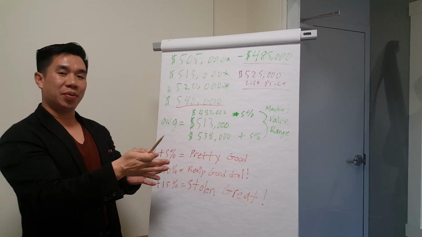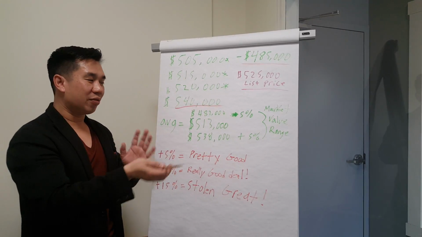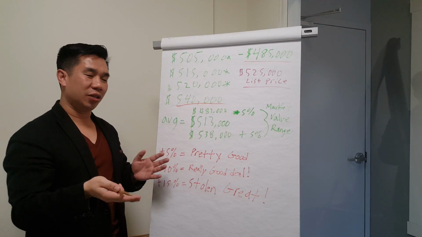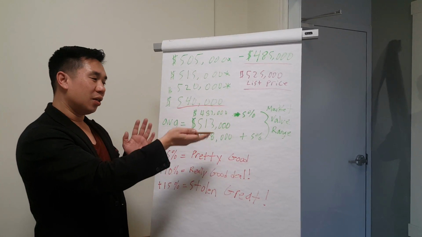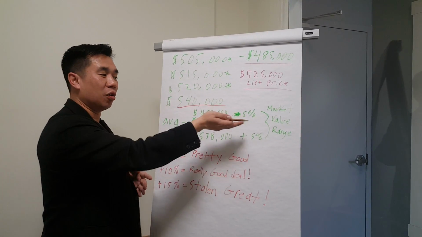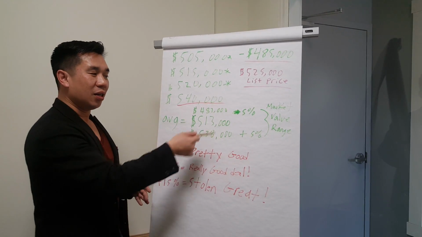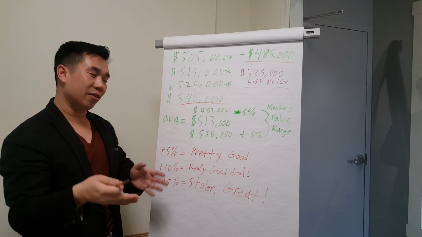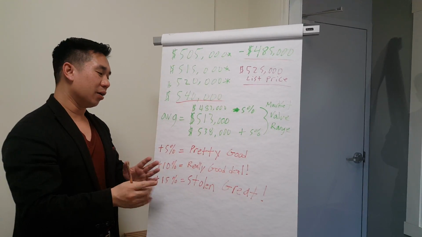So typically what happens is this. If you end up in this range, that kind of tells you how well you did. So if you end up in between 487 and 513, you paid below, on the lower end of market value. If you ended up between 513 and 538, you ended up paying up on the higher end of market value. It doesn't matter. As long as it's within the market value range, you're okay.